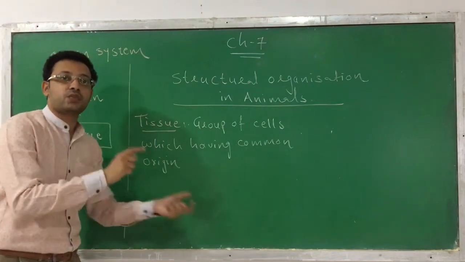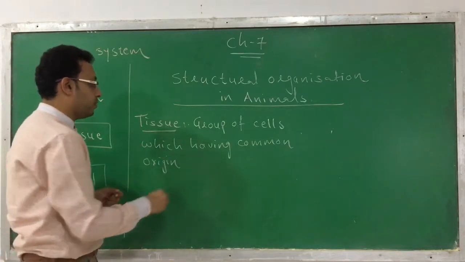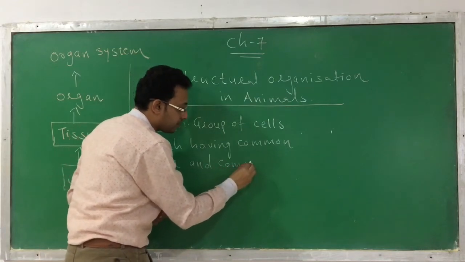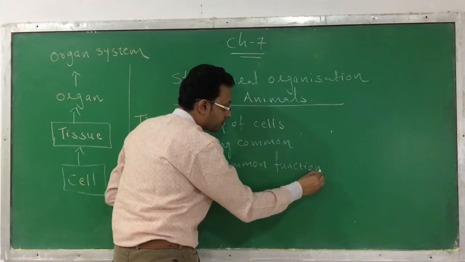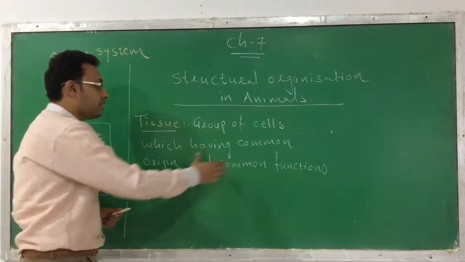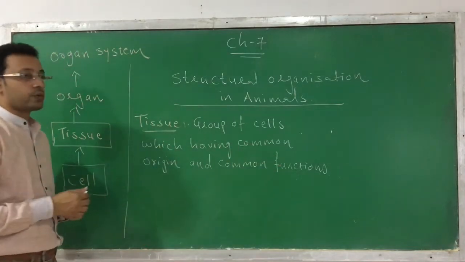So they either arise from the same layer, either ectoderm, endoderm or mesoderm. So they have a common origin and common functions. Clear? So this is called a tissue. Tissue is a group of cells which have a common origin and common functions.